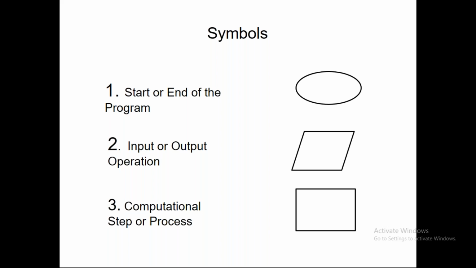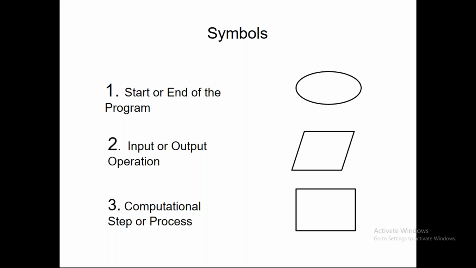The start or end of the program is represented by an ellipse or oval. Input output operation is a parallelogram: whatever you give as input to the system, and whatever output you expect from the system, we define as a parallelogram. And a computational step or process, any process or activity related thing, we put in a rectangle.